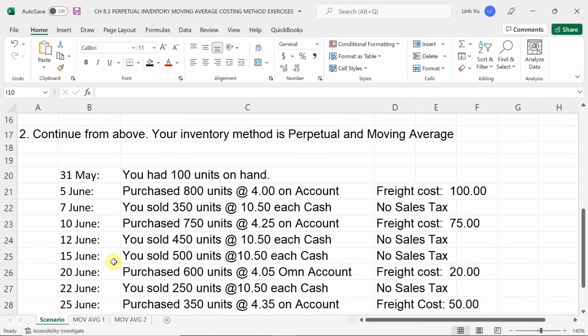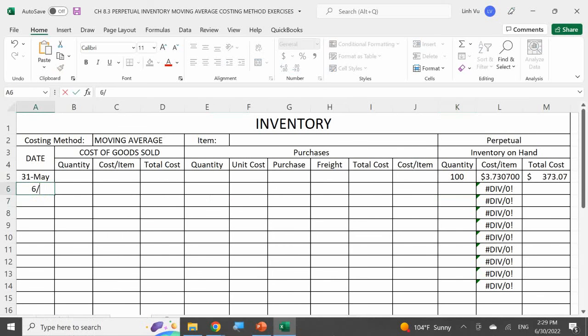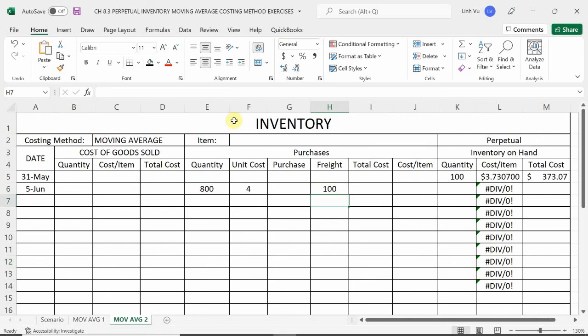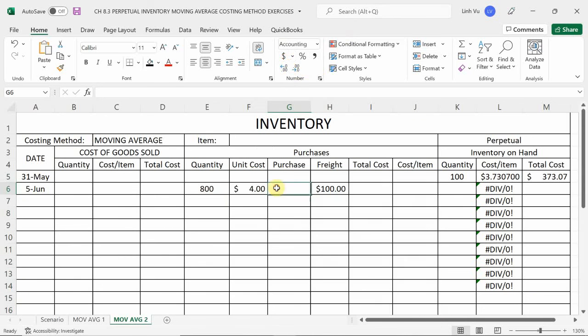So then June 5th rolls around and we end up purchasing 800 units at $4 each with a freight of 100. So what is my total purchase price here? $3,200.